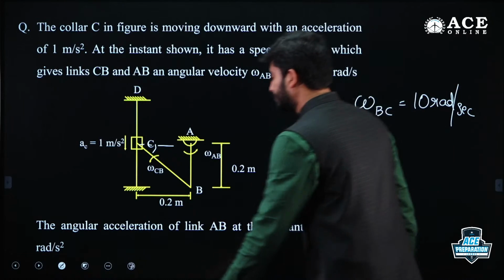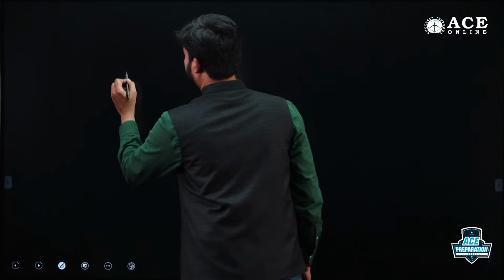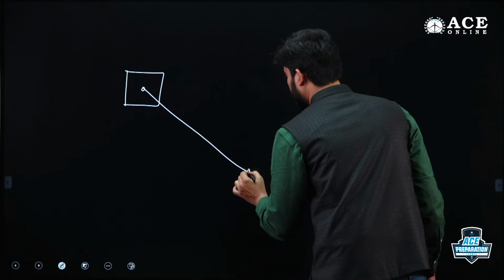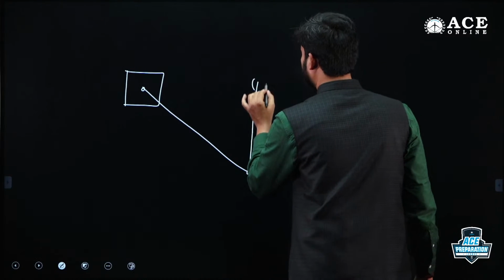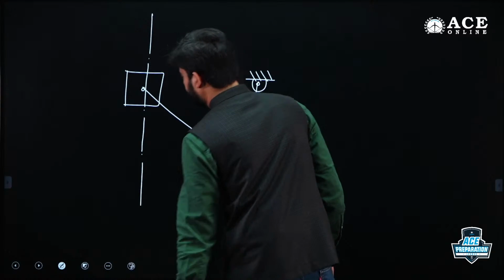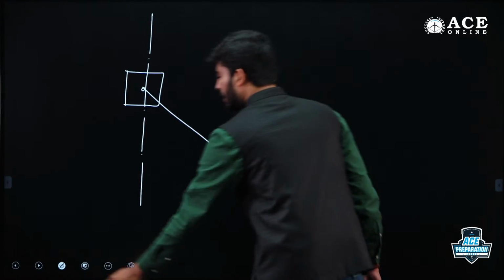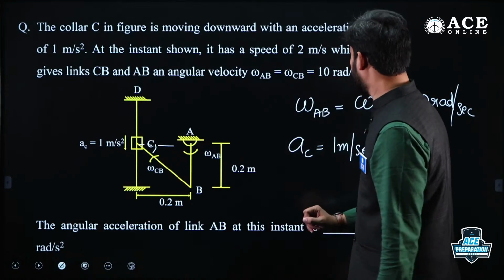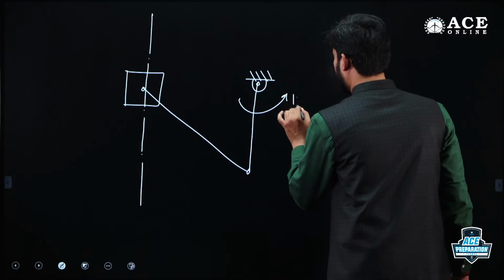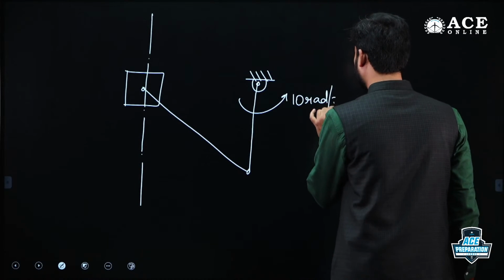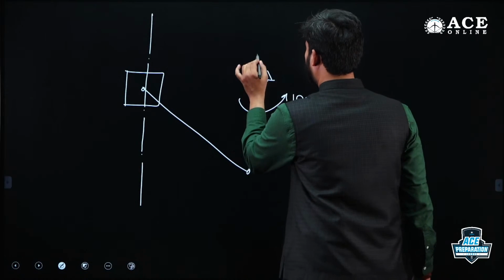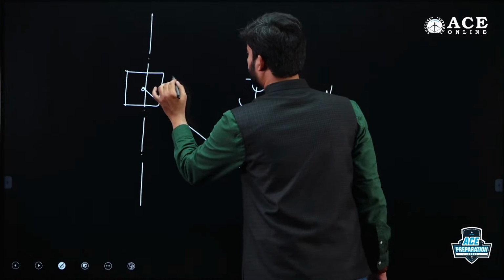This is the line of stroke of the collar. Here omega AB is given to you, that is 10 radians per second. This is A, this is B, this is C.